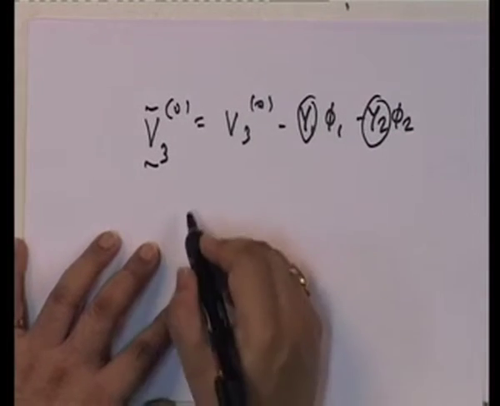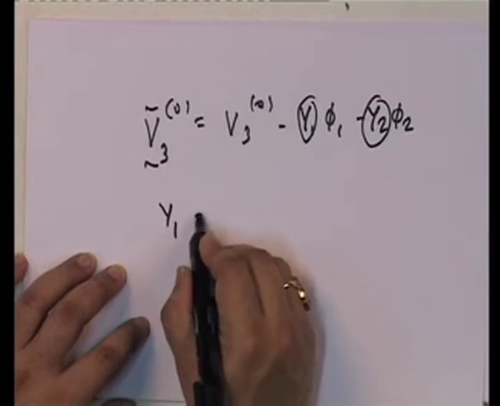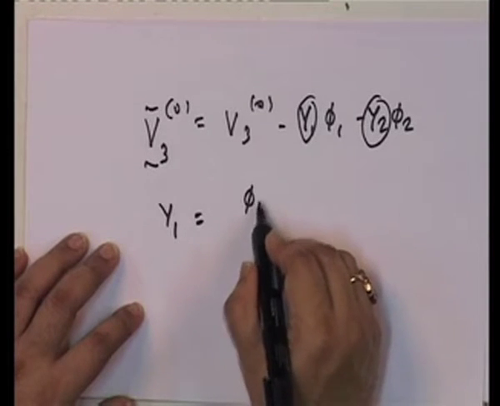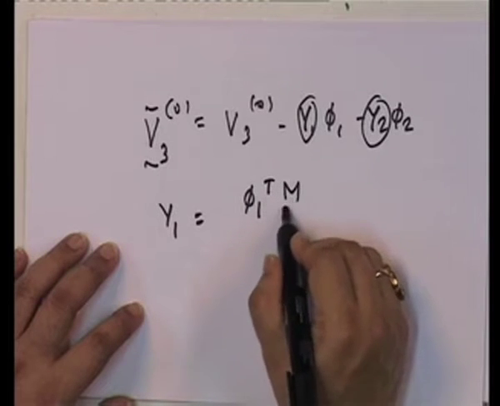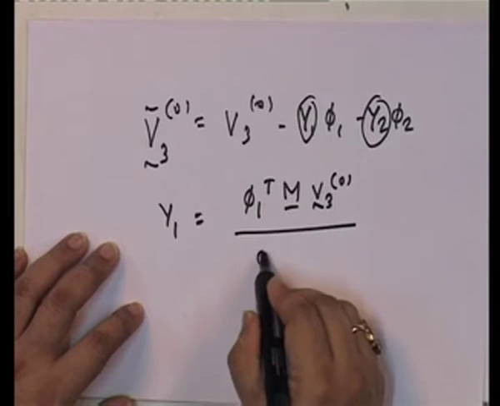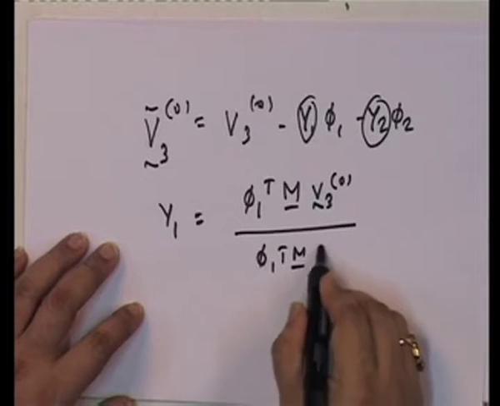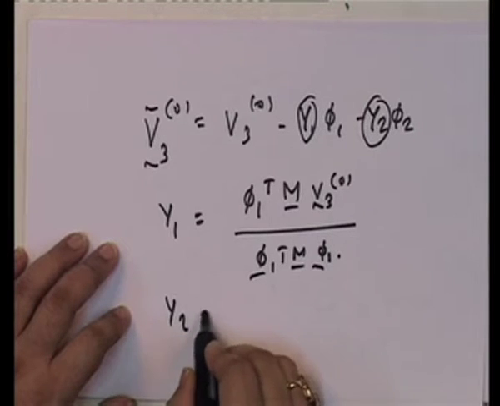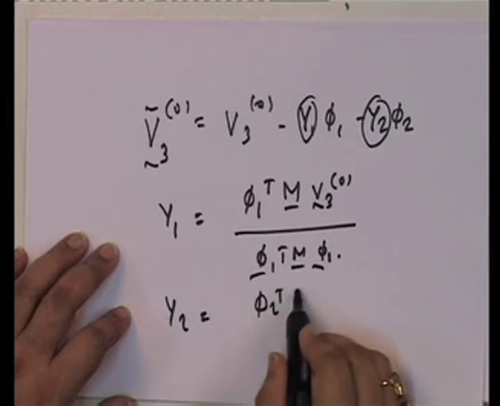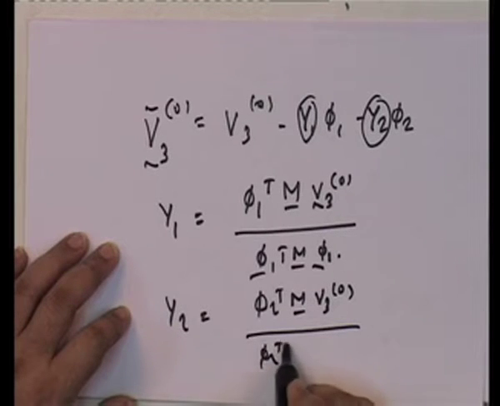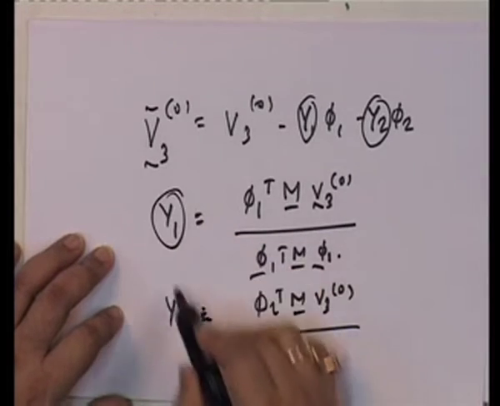The way to get them is: y1 is equal to phi1 transpose m v3 0 upon phi1 transpose m phi1, and y2 is equal to phi2 transpose m v3 0 upon phi2 transpose m phi2. This is the way you can find these two.